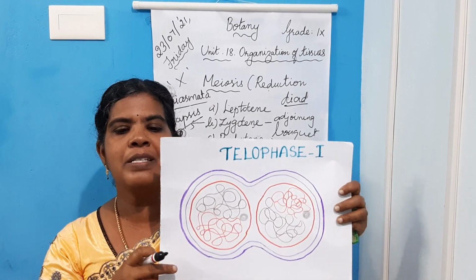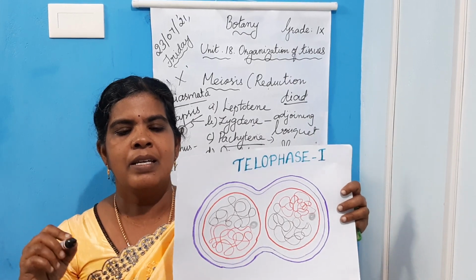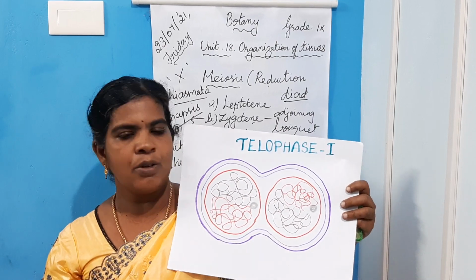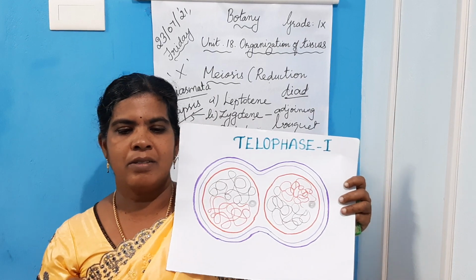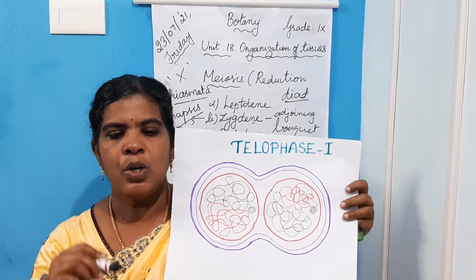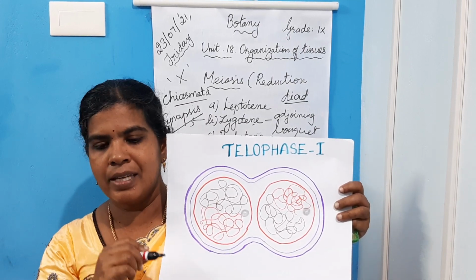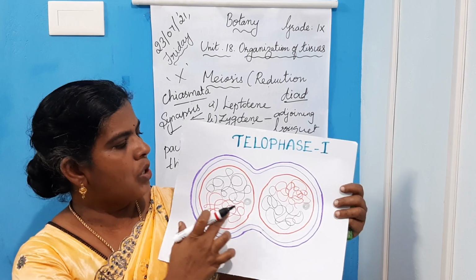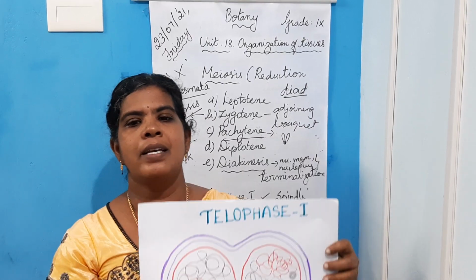In telophase 1, after reaching their respective poles, the chromosomes become uncoiled, and the nuclear membrane and nucleolus start to appear inside the cell.